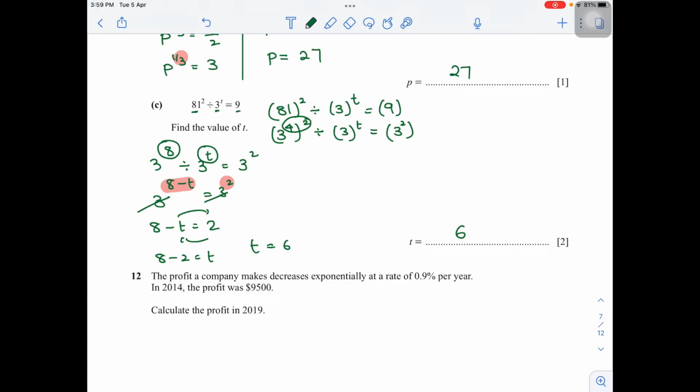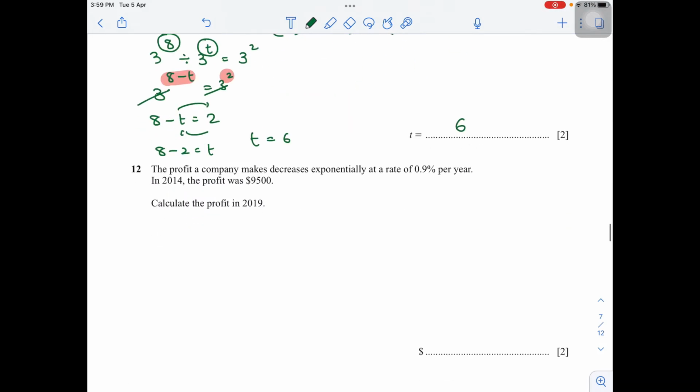Let's try the next one. The profit a company makes decreases exponentially at a rate of 0.9% per year. In 2014, the profit was 9,500. Calculate the profit in 2019. Now, exponential increase is the same as compound interest.